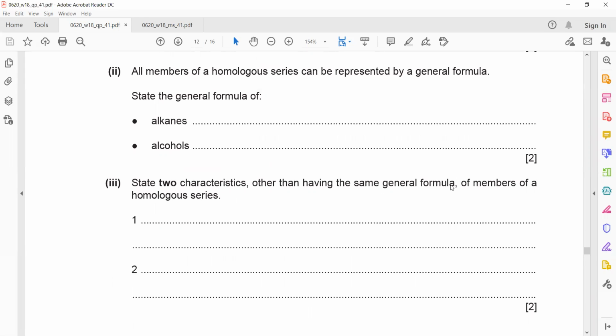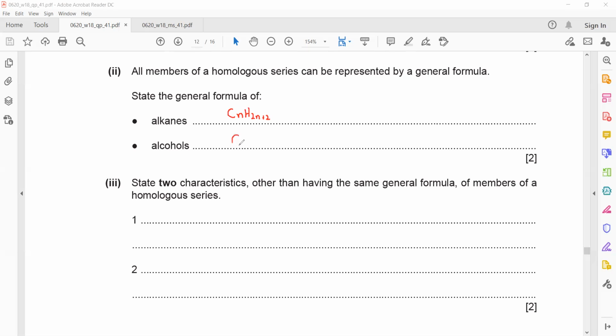For alkane is CnH2n+2, that's right. What about alcohol? Yeah, CnH2n+1OH. That's right.